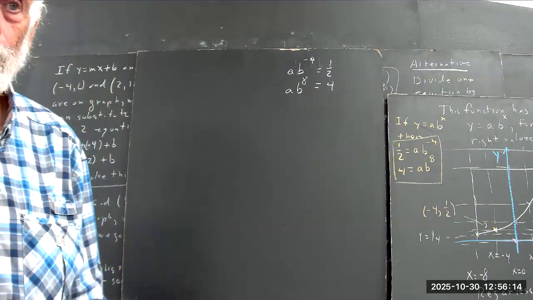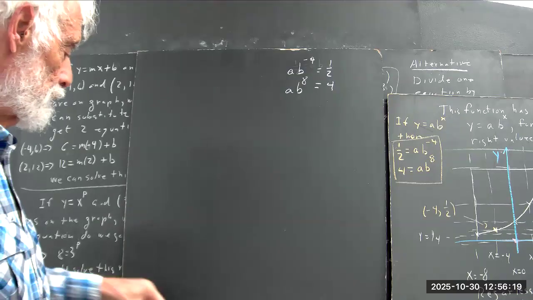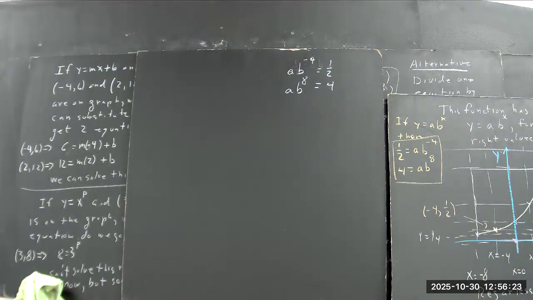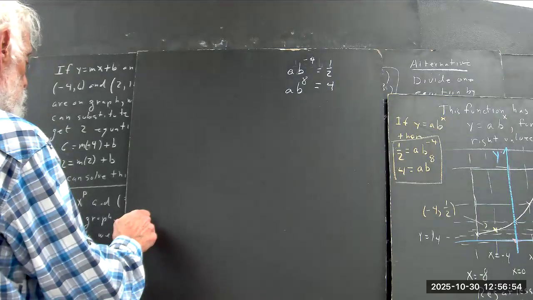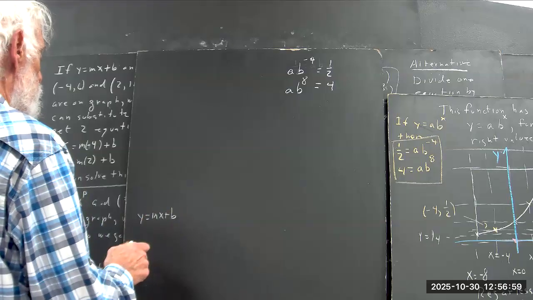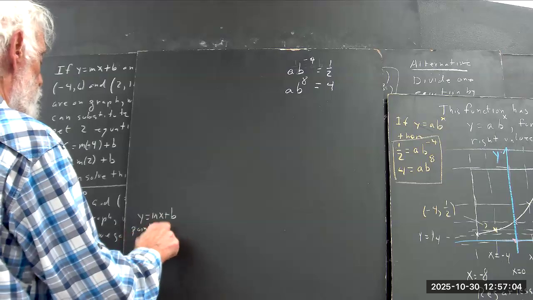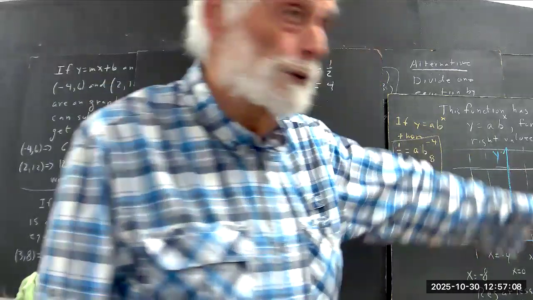Okay. Now, how are we going to solve this system of equations? Does anybody have a suggestion? Let's just say we wanted to find the equation of a straight line through these 2 points.